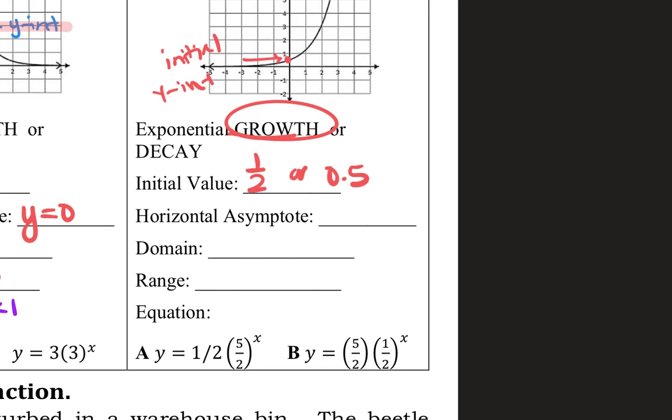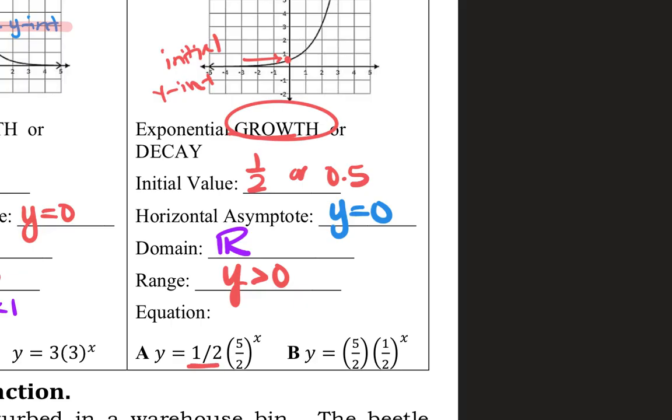Horizontal asymptote, y equals 0. What about domain? All real numbers, good. What about your range? Y is greater than 0, good. So if this is a growth with an initial value of a half, which one's your answer? A. They use the exact same numbers on both of them.